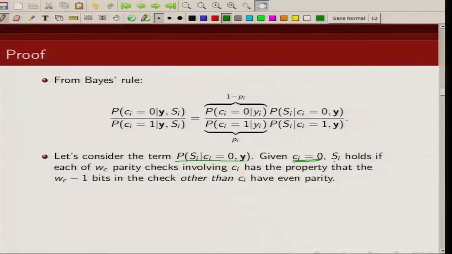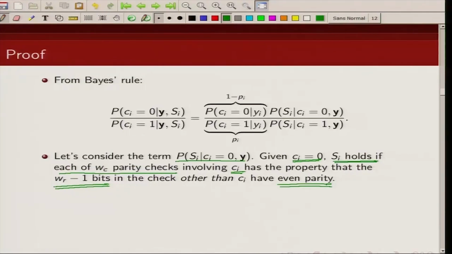So this event will be satisfied if, in each of these parity check equations where Ci is involved, all other bits other than this Ci bit, in case of a regular LDPC code that number is WR minus 1, all those bits have even parity.